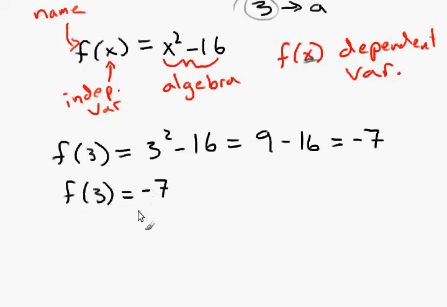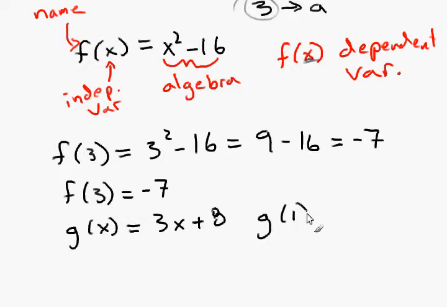And right here, I have the name of my function, the input value, and the result. That's a very nice, compact way of writing things. Here's another example. Let's take g of x. We'll have this function be 3x plus 8. And we could find, say, g of 1. And that would be 3 plus 8, 11.